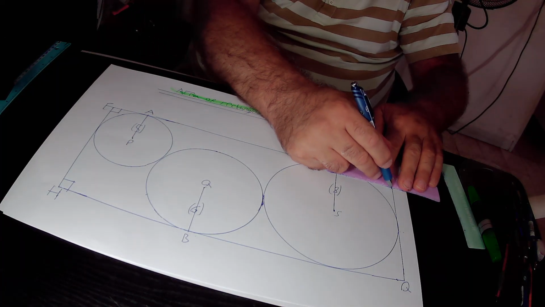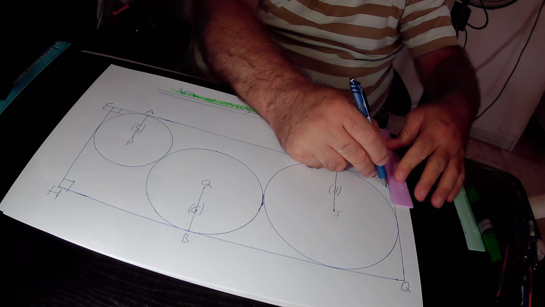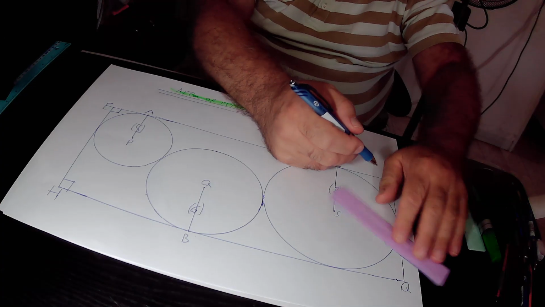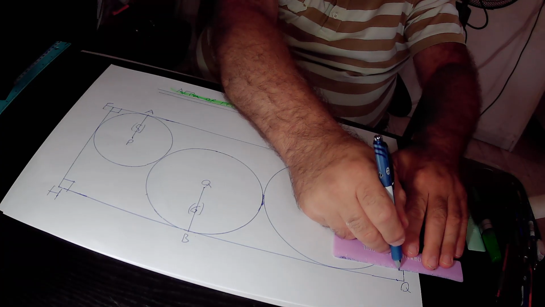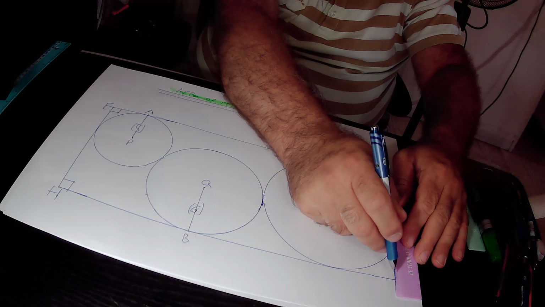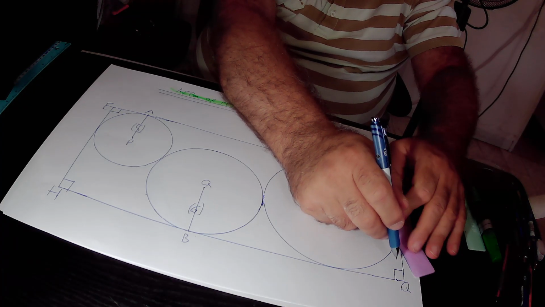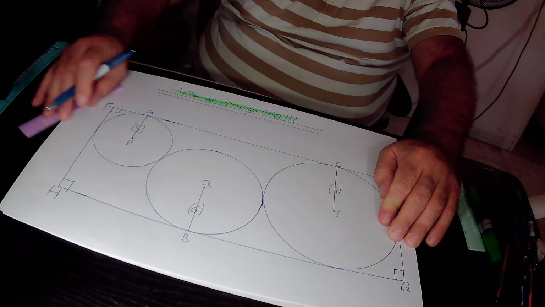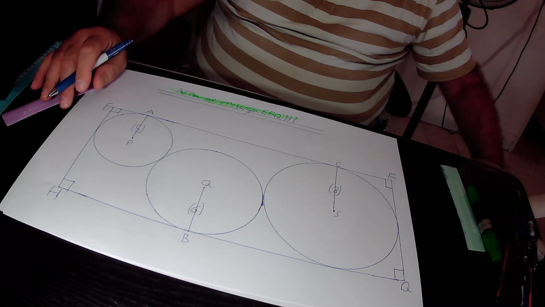This is a right angle. This is a right angle. So here you can implement rule 1 in our drawing. So let me quickly repeat rule 1.